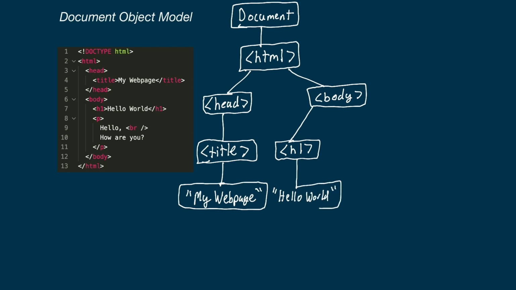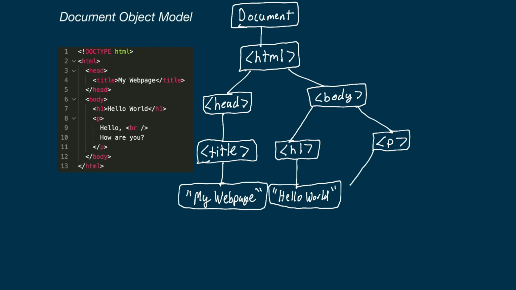And then next, the body also contains another child, and that is a paragraph tag. So we can add a child node, and that child node will be the paragraph tag. But this paragraph tag has some more complicated children. If we look at it, it has some text, and then it has a line break, and then it has more text. And the way we handle this is we always add children in order of how they appear in the actual HTML file.